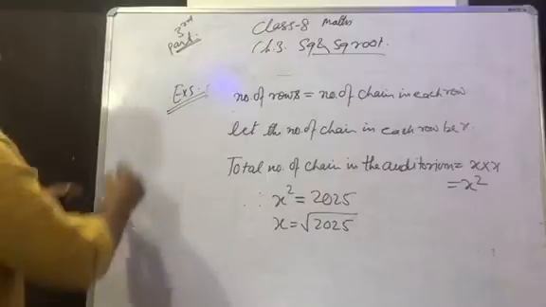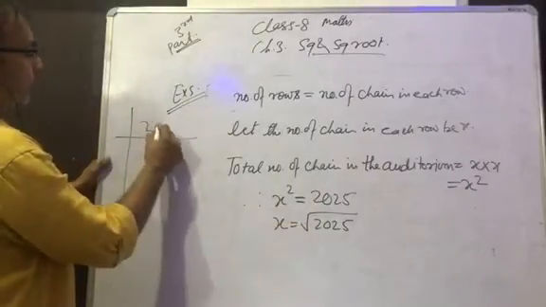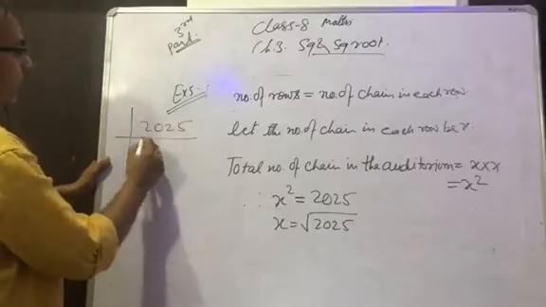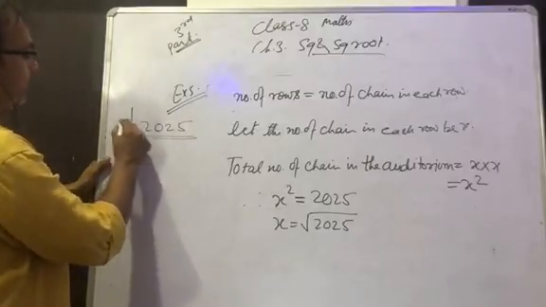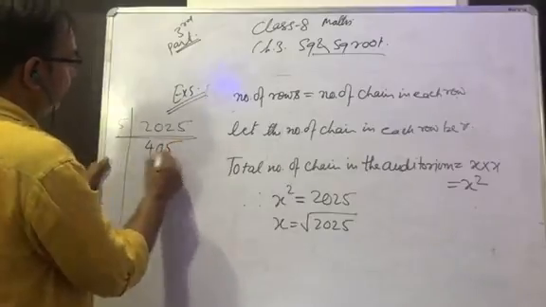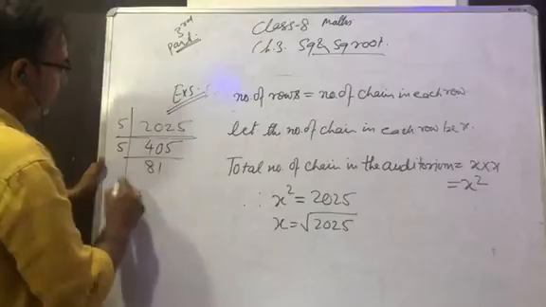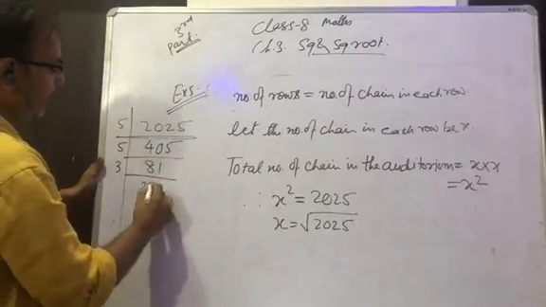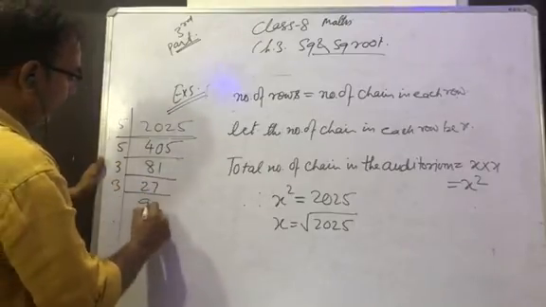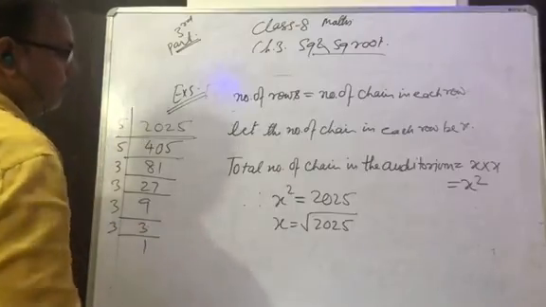You can find out the root of this number, 2025. See, it is divisible by 5. 5 fours are 20, then 405, then 81, then 3 gives 27, then 3 gives 9, then 3, 3, and 1.